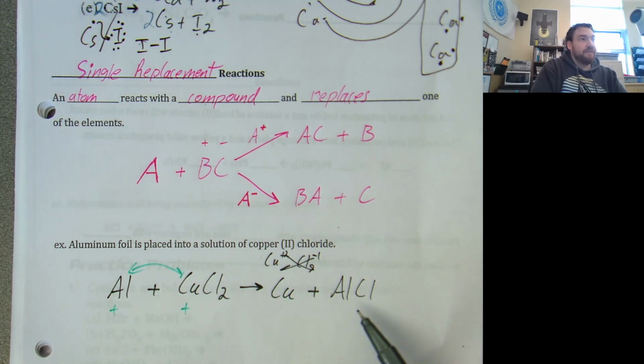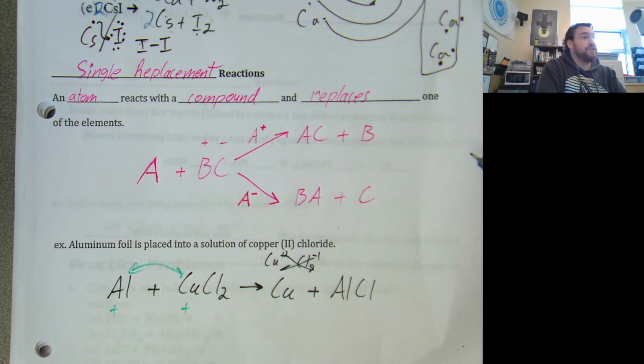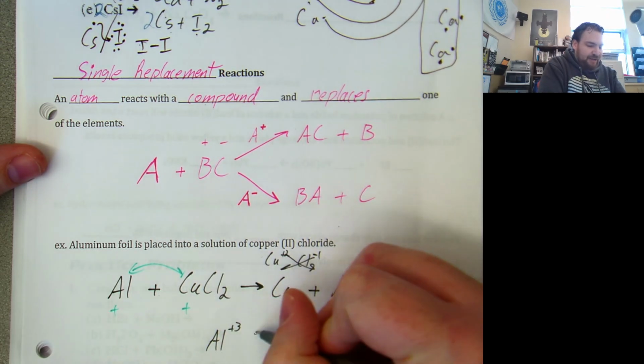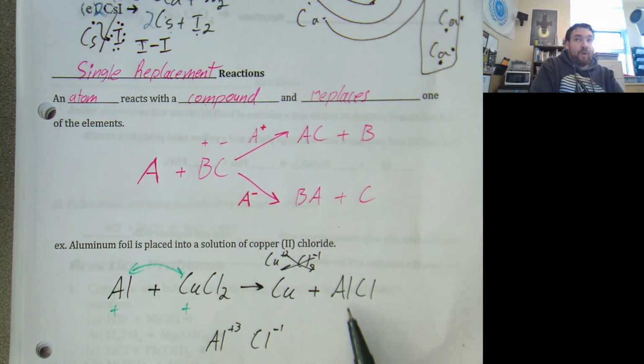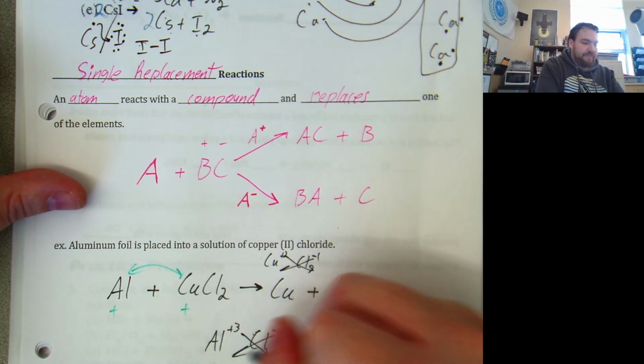How do you build a compound out of aluminum and chlorine? Nope, it's not AlCl. You have to swap and drop. So then what's the charge on aluminum? It's 3. You're going to get Al3+ reacting with Cl-1. So what should the compound made up of aluminum and chlorine be? AlCl3. Swap and drop.